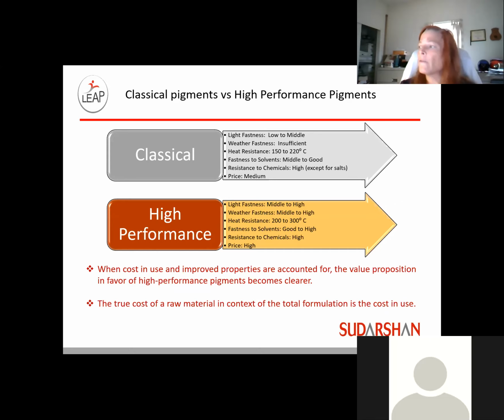When you account for all of those, the value proposition becomes much more attractive for the high performance pigments. And when you're looking at the true cost of the raw materials in context of the total formulation, that's what we talk about when we're talking about the cost in use or value in use with respect to high performance pigments.